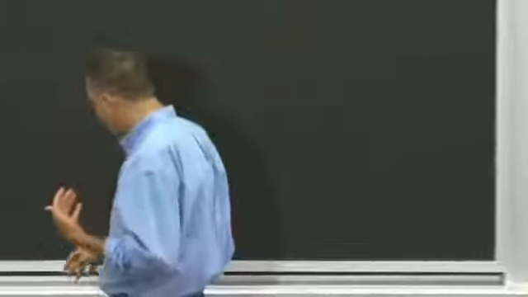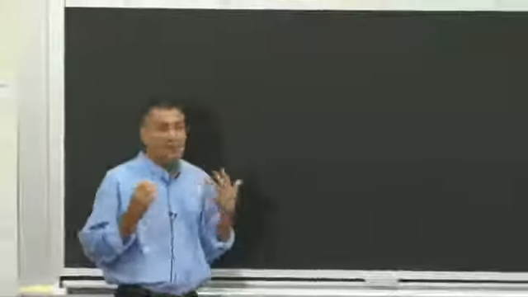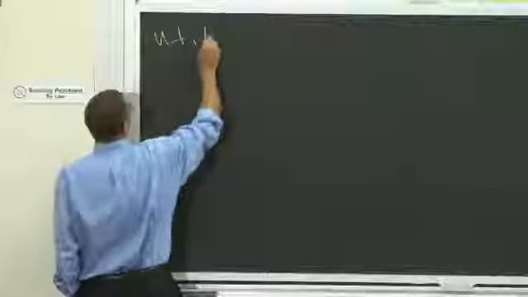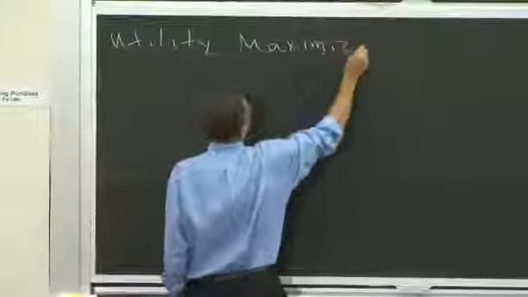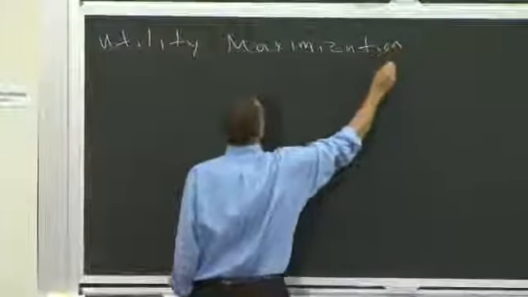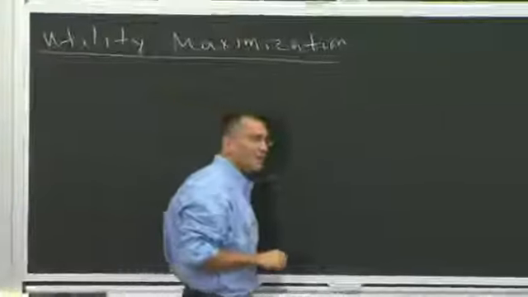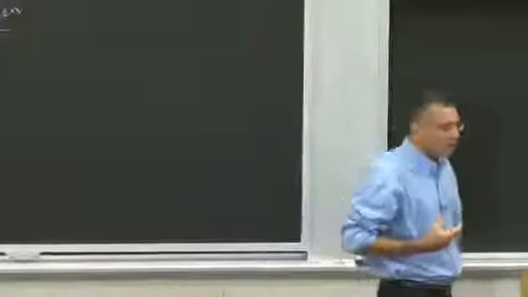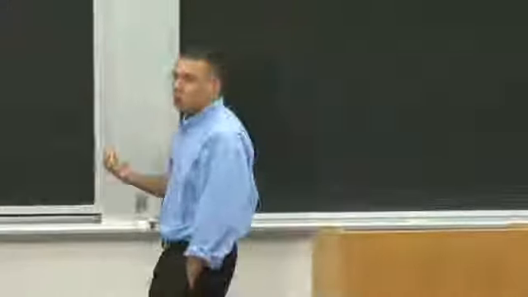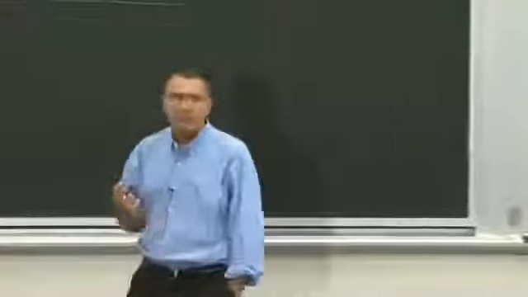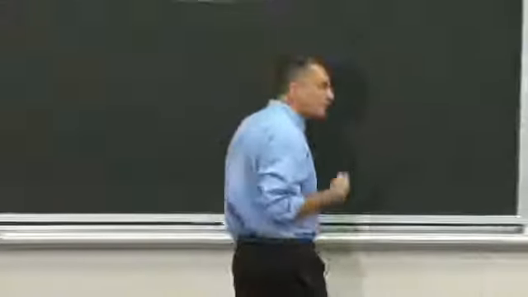And where it comes from, and where all consumer behavior comes from in economics, is utility maximization. That's where everything with consumers starts. That's the basic building block of consumer behavior. And that's what this lecture will be about, describing it.